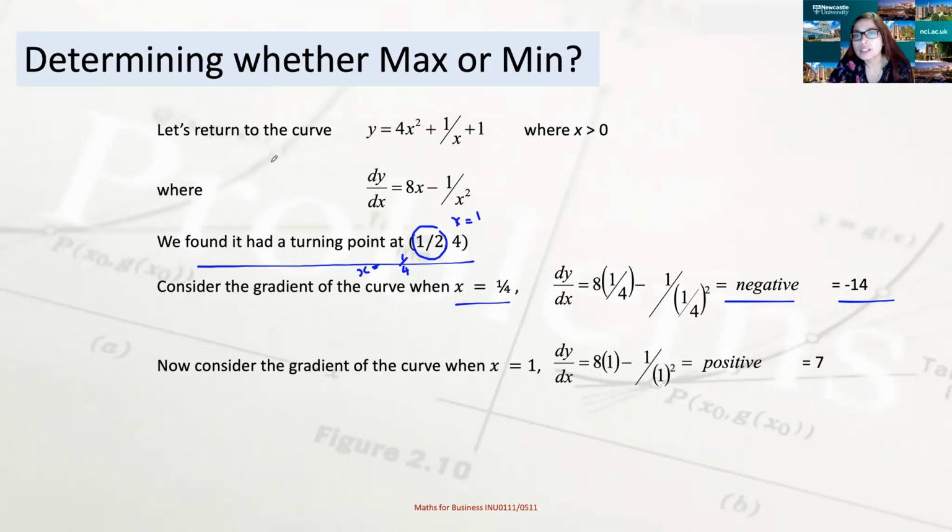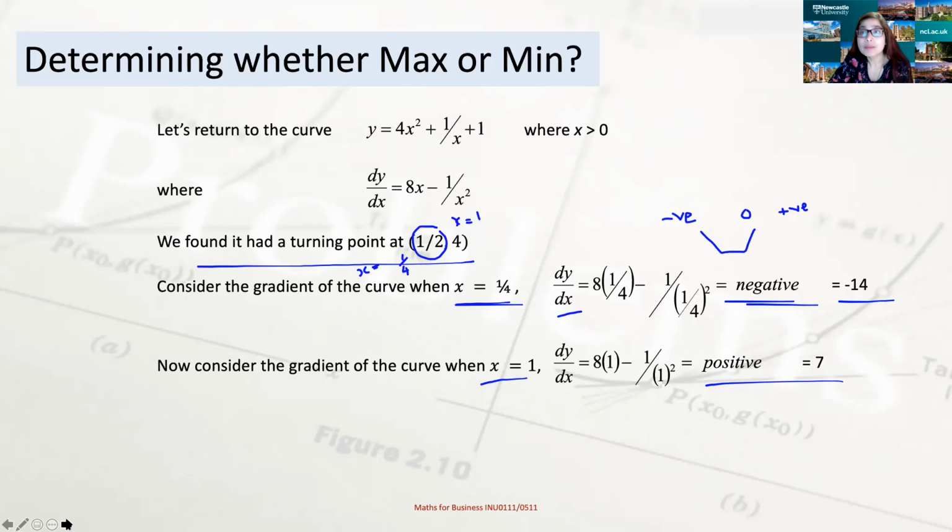For x equal to 1/4, dy/dx is negative. For x equal to 1, dy/dx is positive. Below the value the gradient is negative, then it becomes 0, then it becomes positive. So what's happening? Negative gradient, 0, positive gradient.